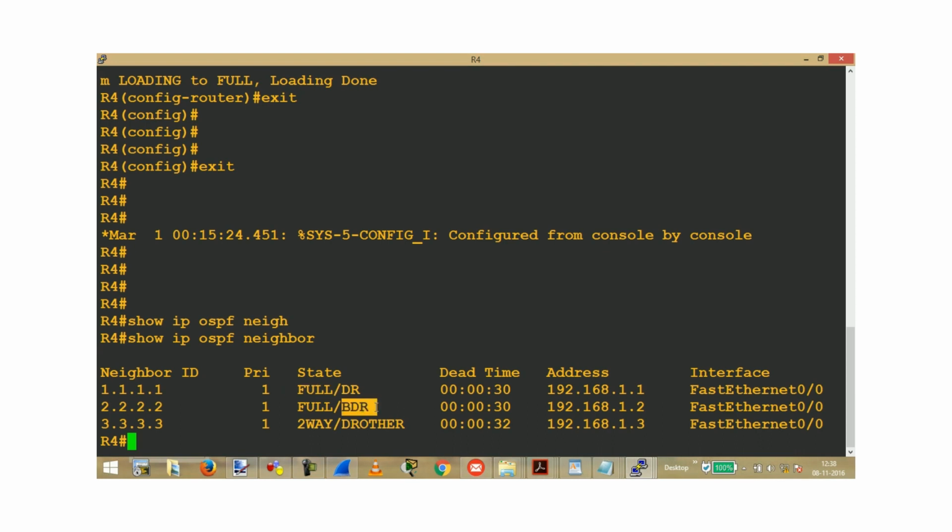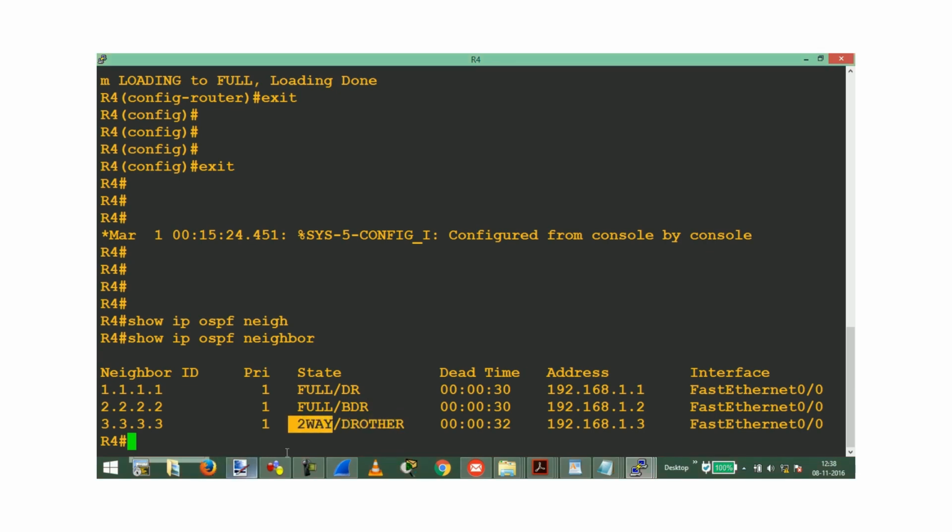Similarly, R4 has also gone up to full state with the BDR, because each and every router within a network not only forms adjacency with the DR, but also with the BDR. It shares link information with both the DR and the BDR. So with them, R4 has gone up to full state.